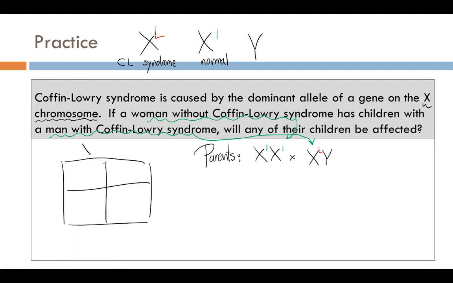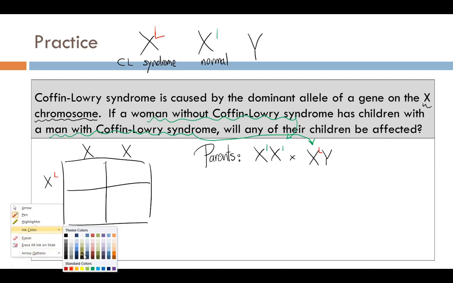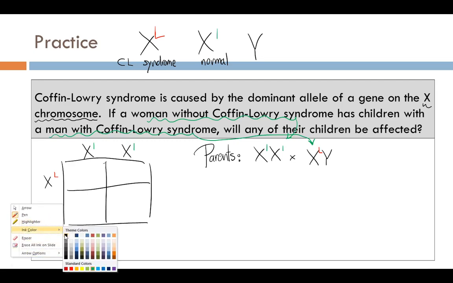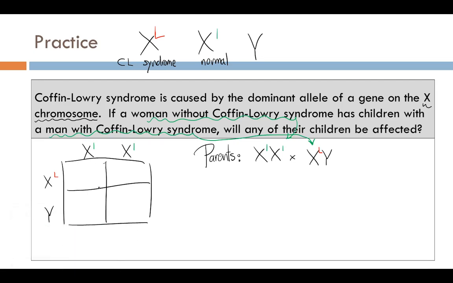Doesn't matter where they go. Let's put the female on the top and the male on the left-hand side. We need a red L there and two green L's here for the female. Okay? Same process inside here. This X goes down. Okay.